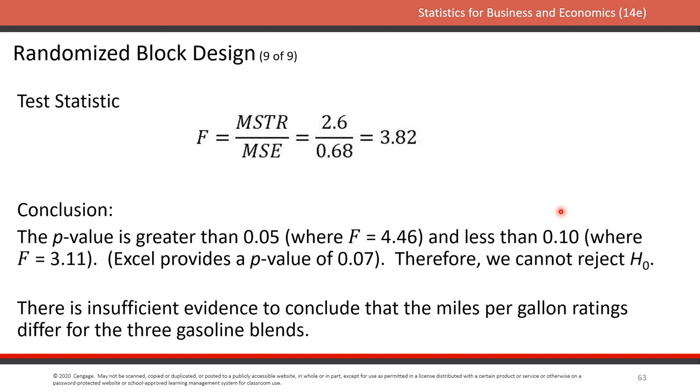Maybe I need to do a couple of confidence intervals to figure out what a reasonable range of values for some of these pairwise differences are. And maybe it's worth pulling out a couple more automobiles, running a few more replications, and figuring out if there actually is a difference between these different gasoline types and the miles per gallon that they give to the vehicles.